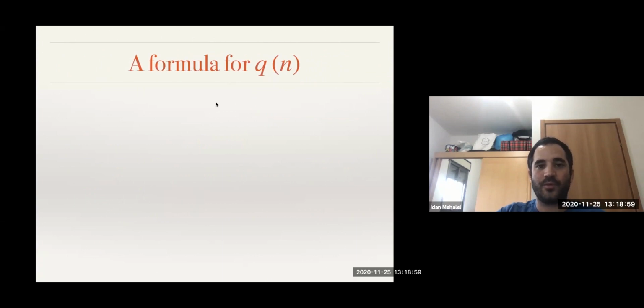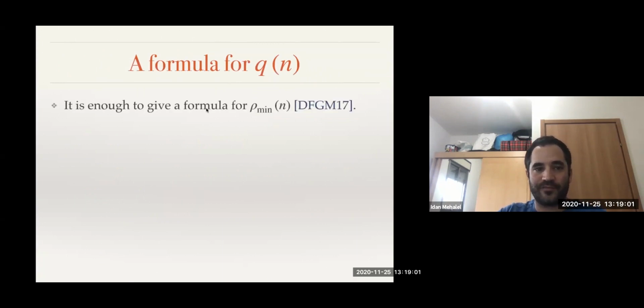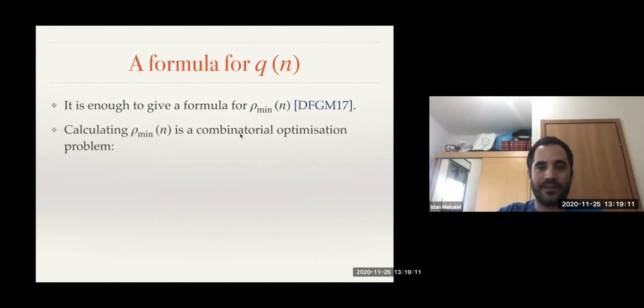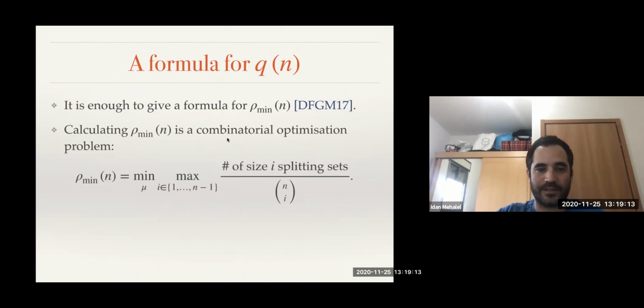So we actually give a formula for Q of n. As we've said, by the reduction in DFGM 17, it is enough to actually give a formula for the minimal MRD of n. So calculating it is a combinatorial optimization problem. We have to find the dyadic distribution mu that brings this value to the minimum.